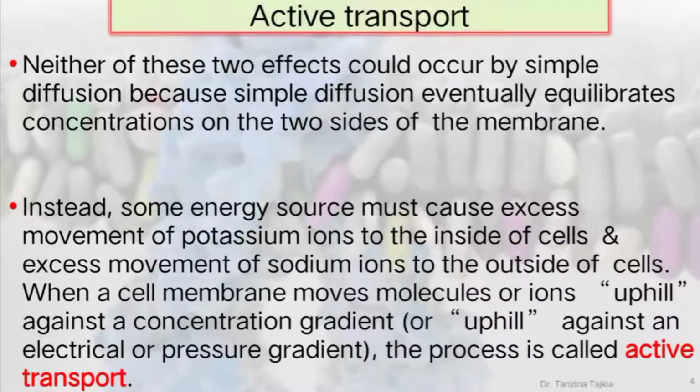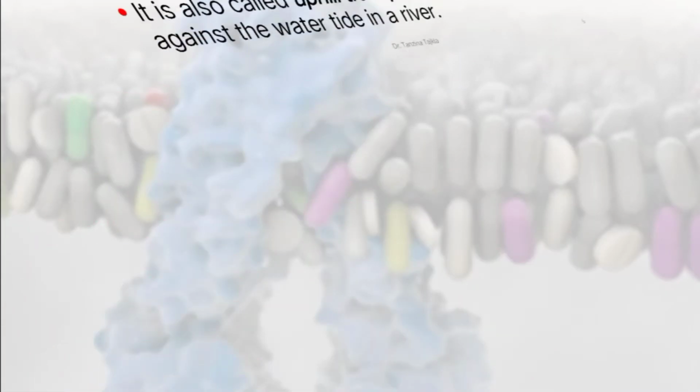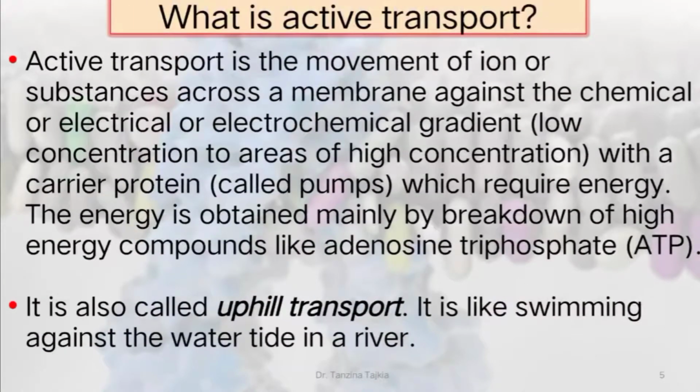When a cell membrane moves molecules or ions uphill against a concentration gradient, this process is called active transport mechanism or active transport process. So, what is active transport?